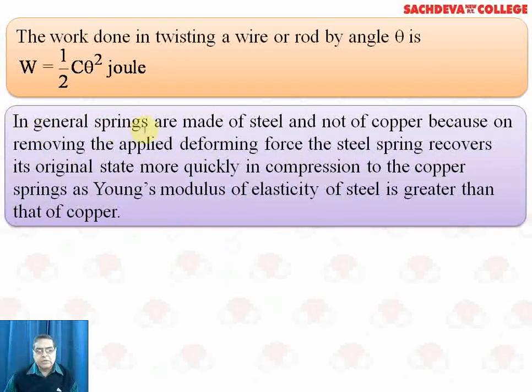Now, in general, springs are made from steel and not of copper, because steel is more elastic and copper is less elastic. Now we will highlight it. General springs are made of steel and not of copper, because on removing the applied deforming force, the steel spring comes back to its original state more quickly as compared to brass or copper.